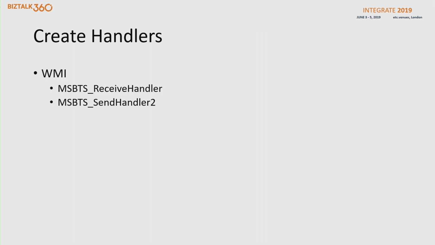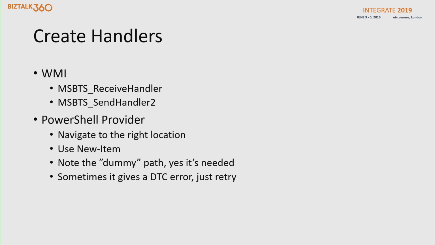Handlers, WMI also, or the PowerShell provider. Even here, you need to have a new item. I don't know why, but sometimes, both when you're trying to get the handlers and when you're trying to create them, you can get some DTC failures.